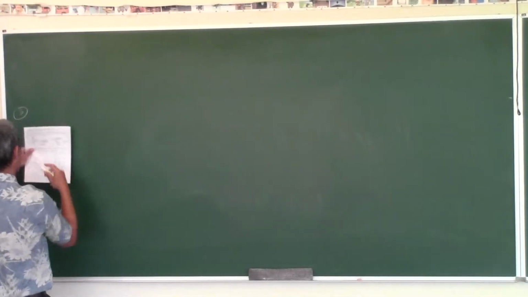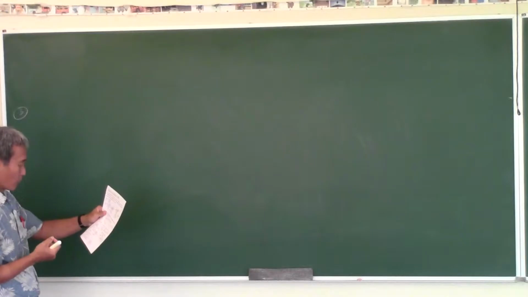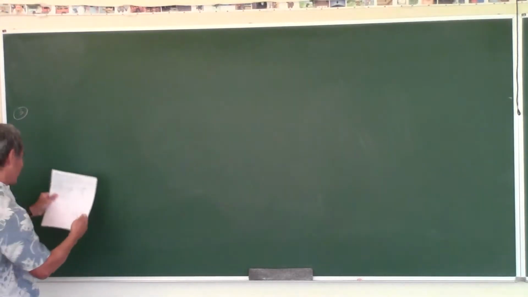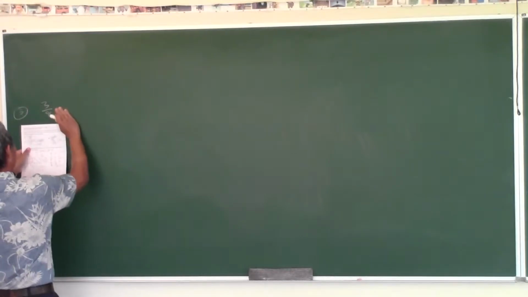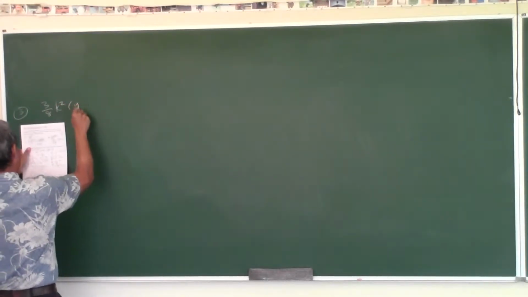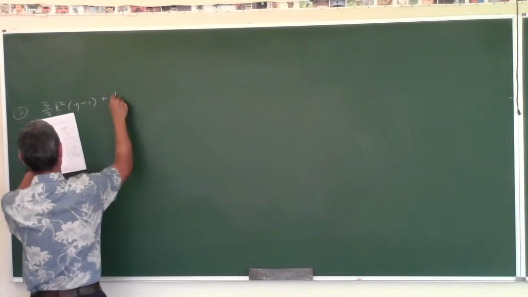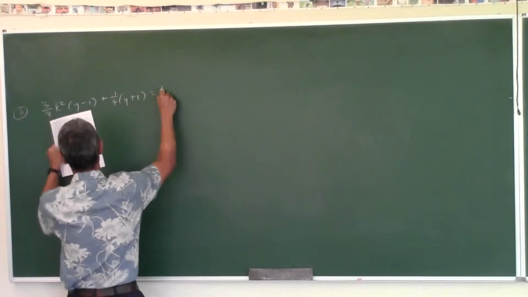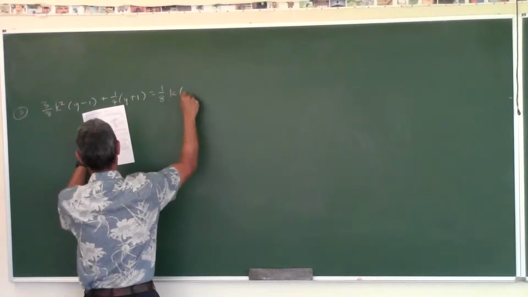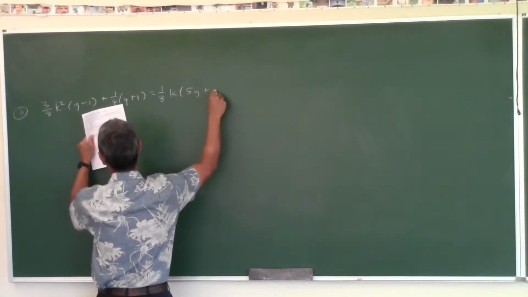The first thing you do when you see the tryout, when you see these decimals, is change them to fractions right away. So we've got 3/8 k squared (y minus 1) plus 1/4 (y plus 1) is equal to 1/8 k (5y plus 1).